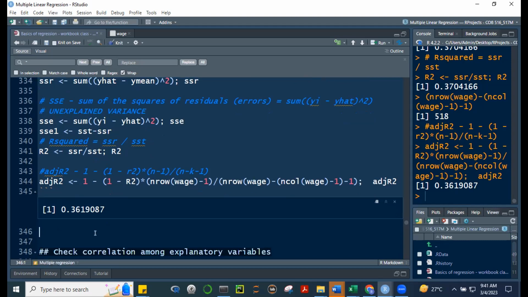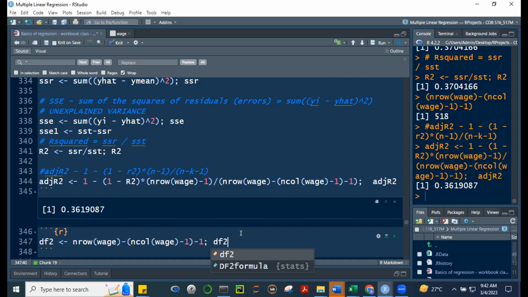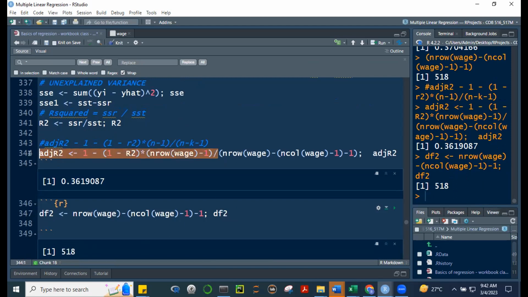I mentioned a while ago, another way for us to have done this is to create this object, for example, df2, and this one. So this is n minus k minus 1. And then if we print this, 518, right? And then we can now print this adjusted R squared. 1 minus R squared.